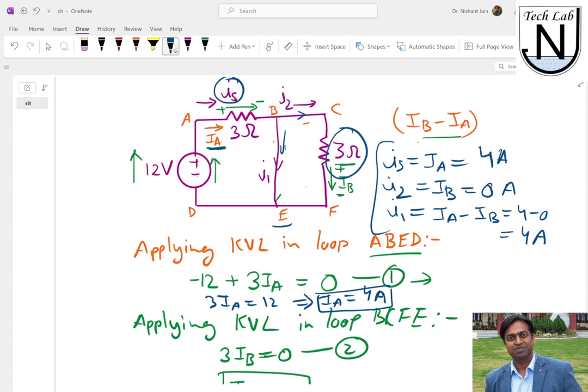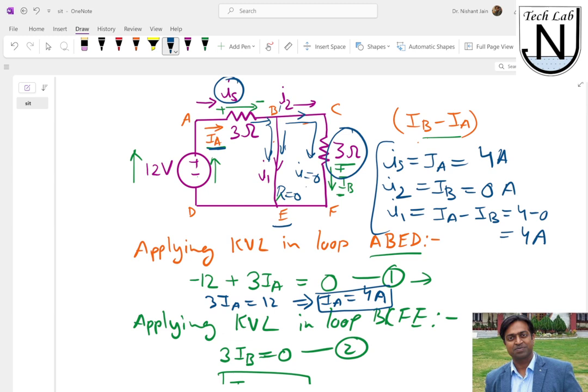So whatever current is coming from AB, all the current will just flow through I1 because it is a short circuit path, and the current will not go towards this side. Why? Because current will always follow the path of minimum resistance, and since in this BE branch the resistance is 0, all the current will just pass through it, right?